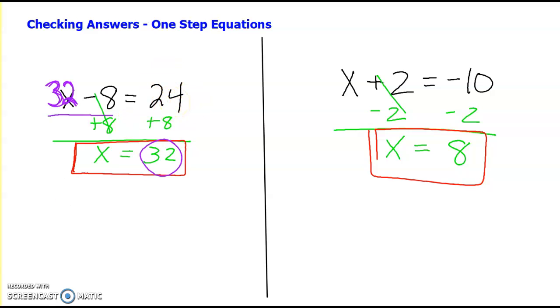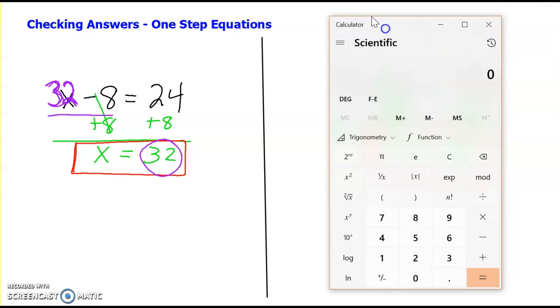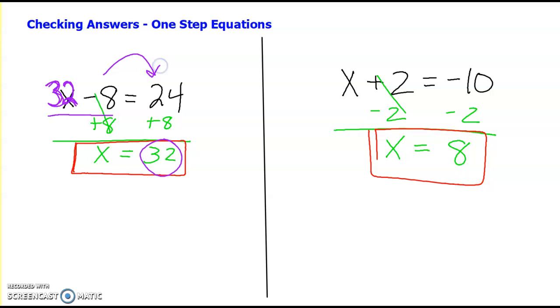You could grab a calculator and throw that computation in there, 32 minus 8, that is the side that I actually have an operation going on. And I do, in fact, get my answer of 24. So if you were checking your work, you would know this problem is correct, because when I substitute that value in for my variable, I get the correct answer of 24.